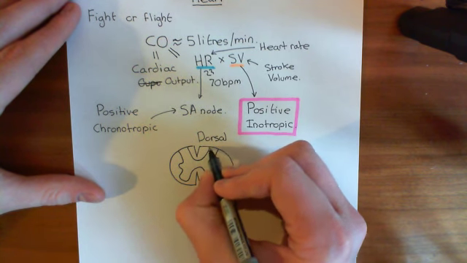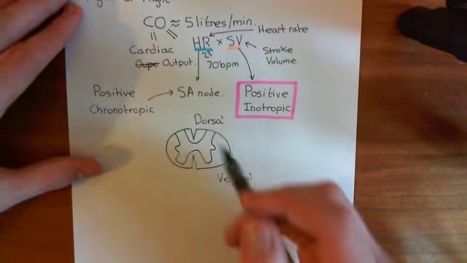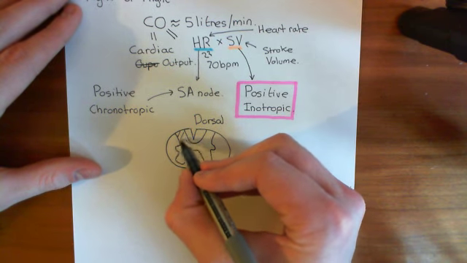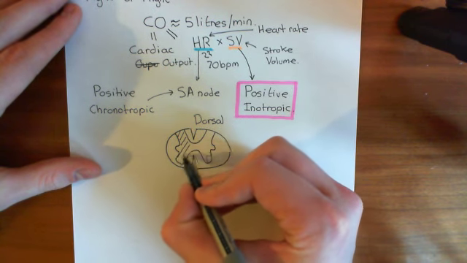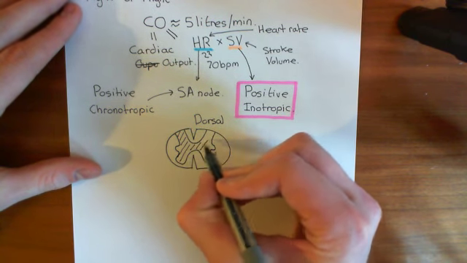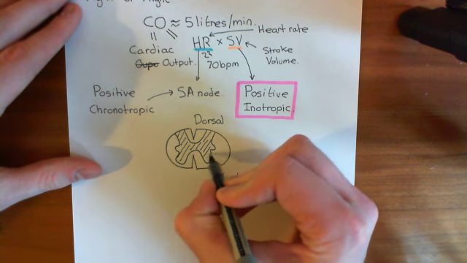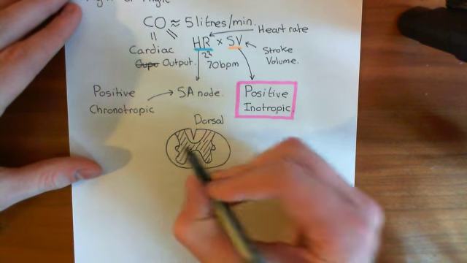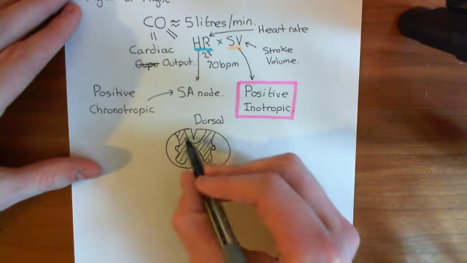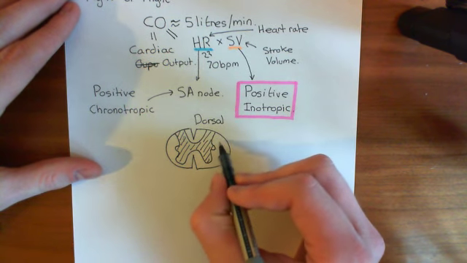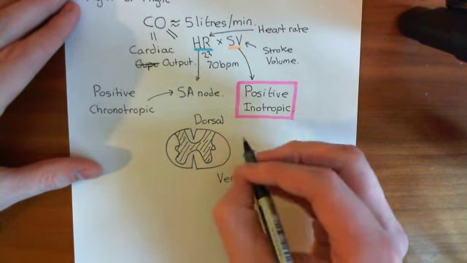So you have this sort of shape of grey matter here. This is all grey matter, and the surrounding tissue is all white matter. So this is the cell bodies of neurons, and this is the axons of neurons.